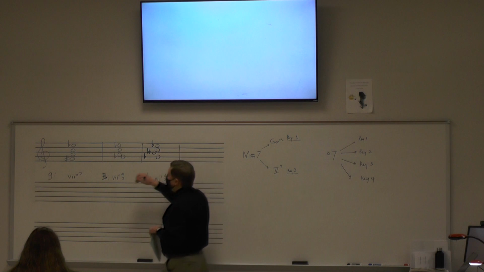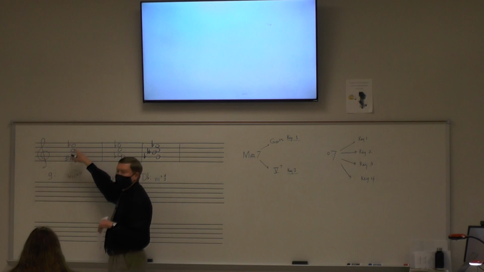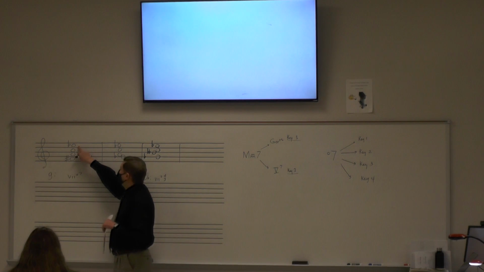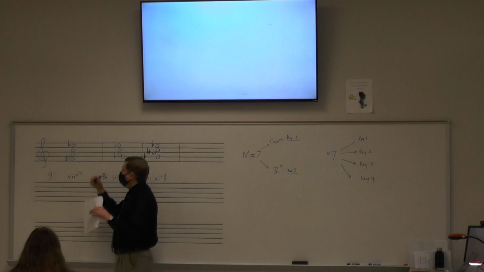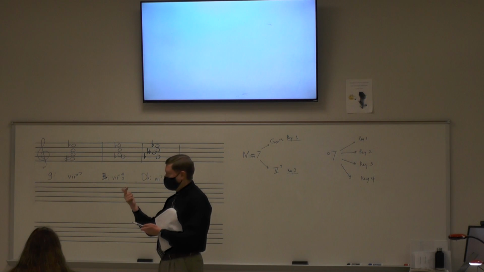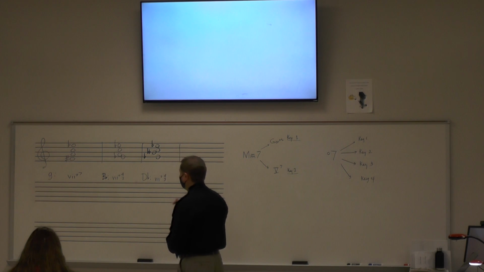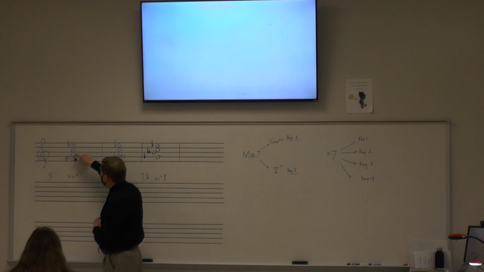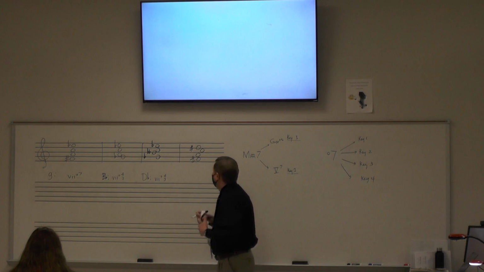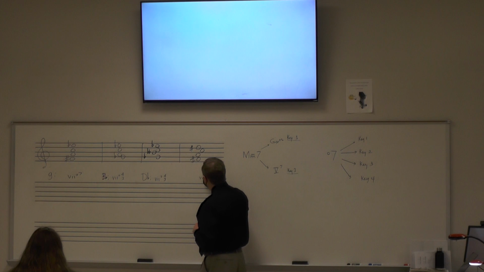Okay, and finally, let's have this one serve as the root, E flat. Oh my gosh, we're going to have a million double flats. I just want to think of this as D sharp. Okay, how do you spell a fully diminished 7th chord on D sharp? D sharp, F sharp, A, C. Well, look at that. All I have to do is respell that one and I got the rest. And what inversion is this chord in?